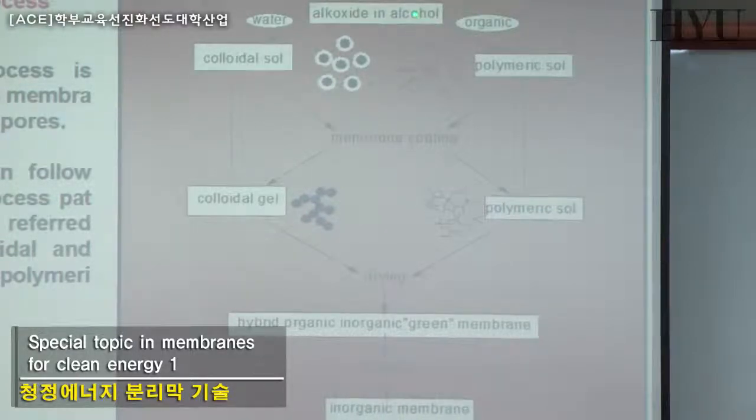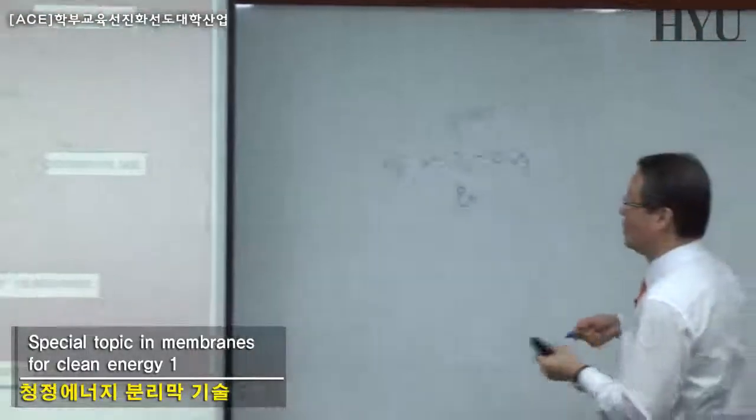Of course, the starting material is an alkoxide. So after drying, you have inorganic green membrane, and after sintering, you can make the inorganic membranes. Because you start from the low molecular component in the alkoxide, in the Zoll, but after making gel, you can have a SiO connectivity, silicon oxide connectivity in the gel.